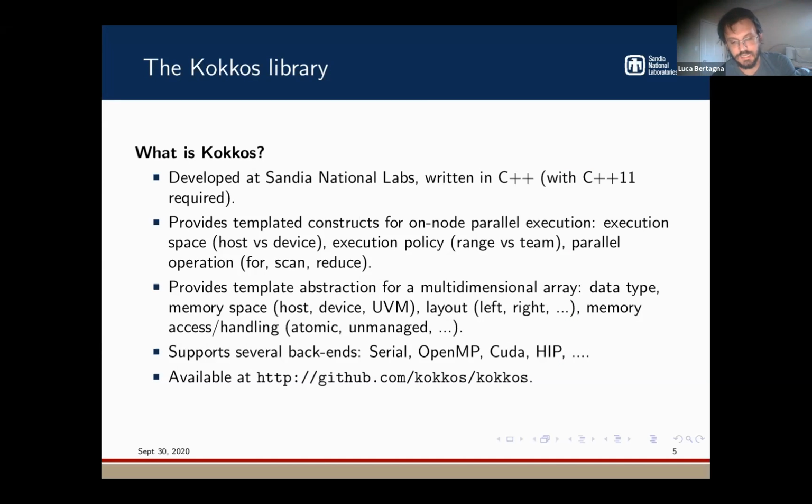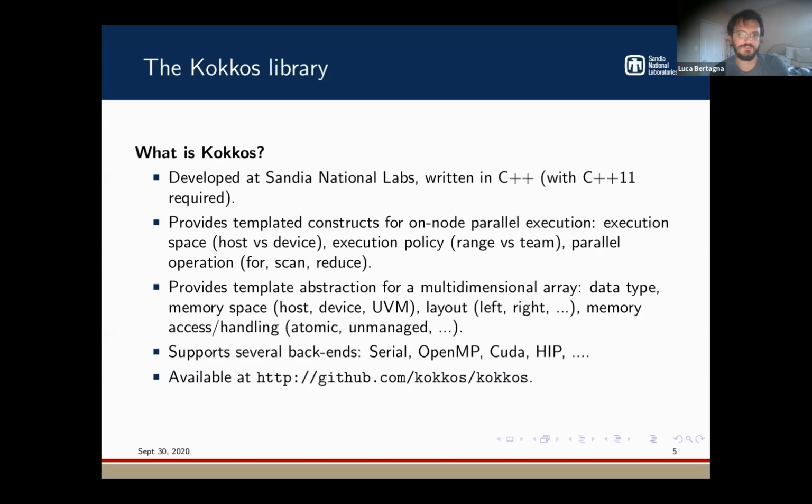The last acronym, well, this is not an acronym, but it's a library, the Kokkos library that you probably heard before, has been mentioned in this workshop already. It's a library developed at Sandia in C++ that provides templated constructs for both multidimensional array abstraction as well as on-node parallelism patterns.